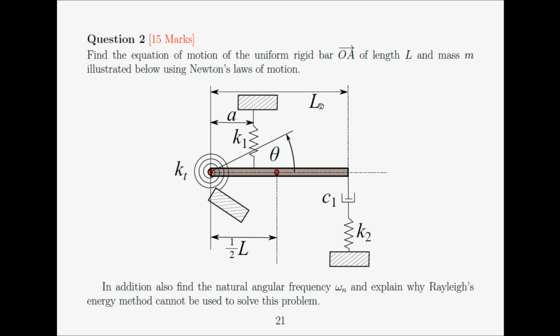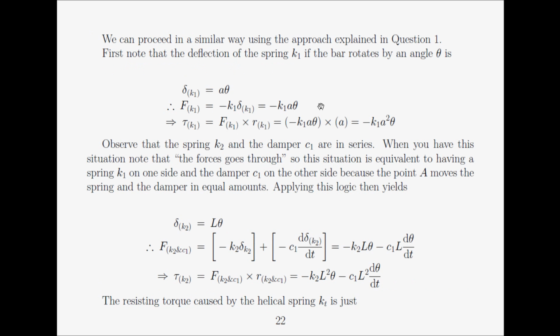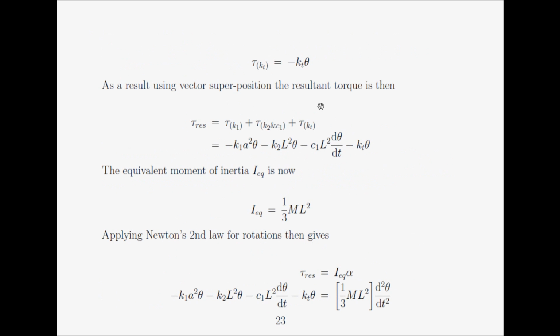Looking at the rod, it is pivoting at a point. At the end point, the moment of inertia is 1/3 mass times length squared. So we just apply the formula, 1/3 mass length squared. Then we apply Newton's second law for rotations. For translations, F resultant is mass times acceleration.